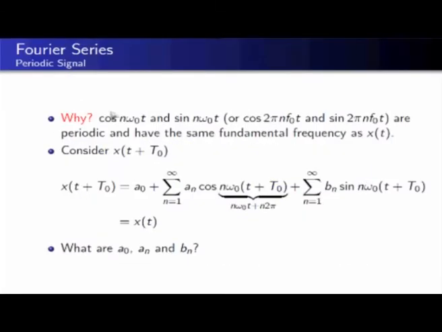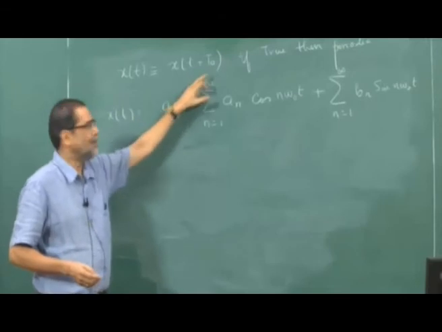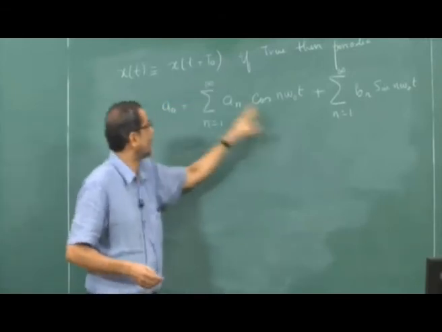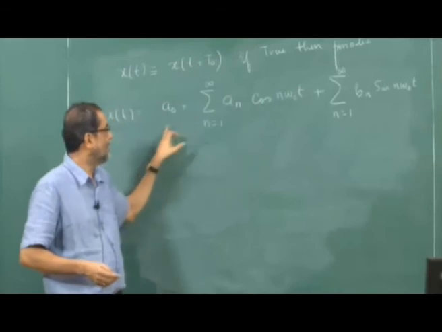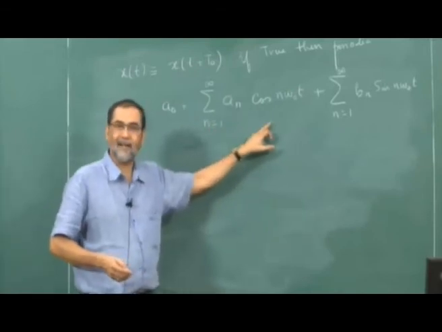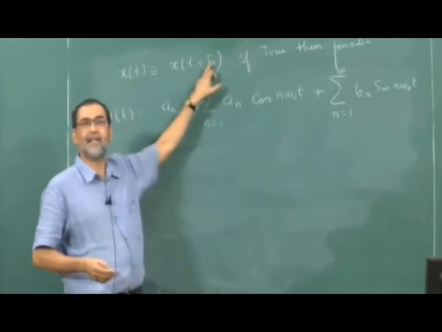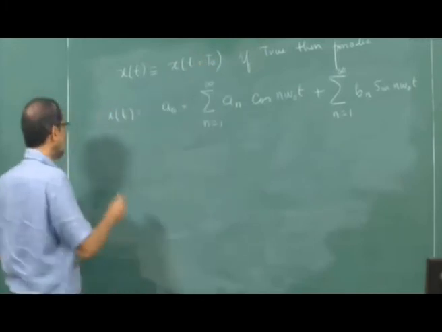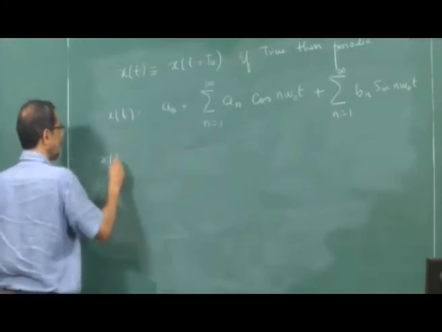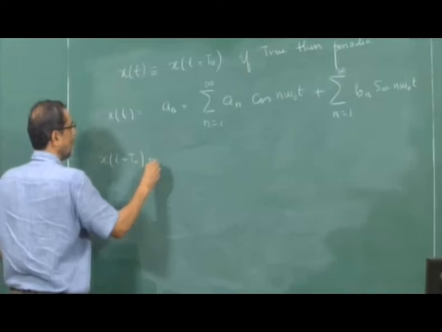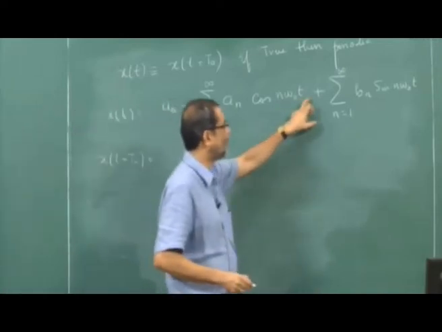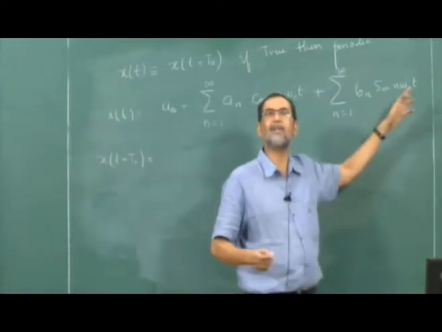But my first question is, assuming T naught is a period, whether this represents a periodic signal, meaning the thing on the right hand side, does this satisfy the second property? Okay. So let me first write this as x of t plus t naught, replace t by t plus t naught, and see what happens.